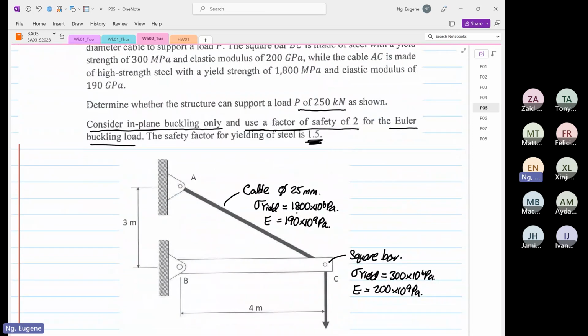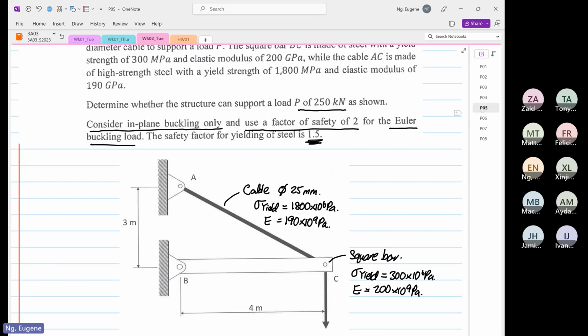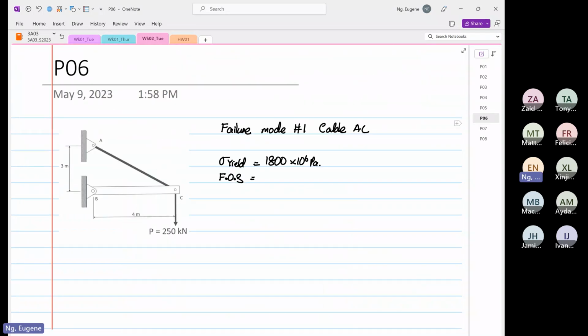We know that the stress yield is equal to 1800 times 10 to the power 6 Pascal. And we know that the factor of safety is equal to 1.5.